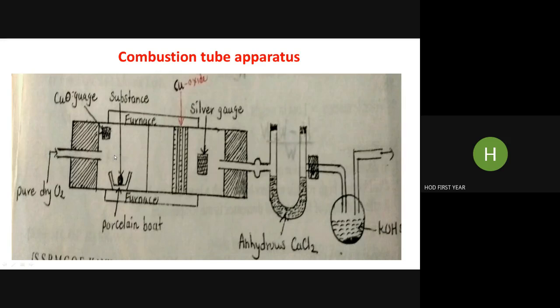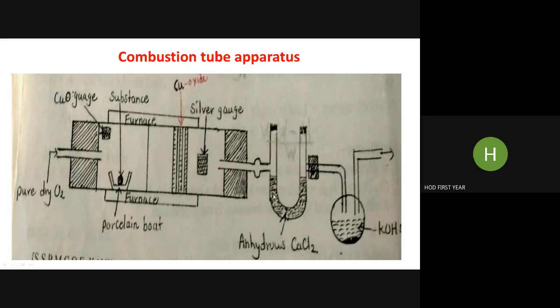So, in the presence of oxygen, there is combustion or burning of the coal. During burning, carbon present in coal is converted to CO2, and heat is generated. Hydrogen is converted into water vapors, 2H2 plus O2 gives 2H2O. The mixture of vapors of CO2 and H2O is allowed to pass through this tube and then through this previously weighed U tube, which has anhydrous calcium chloride.